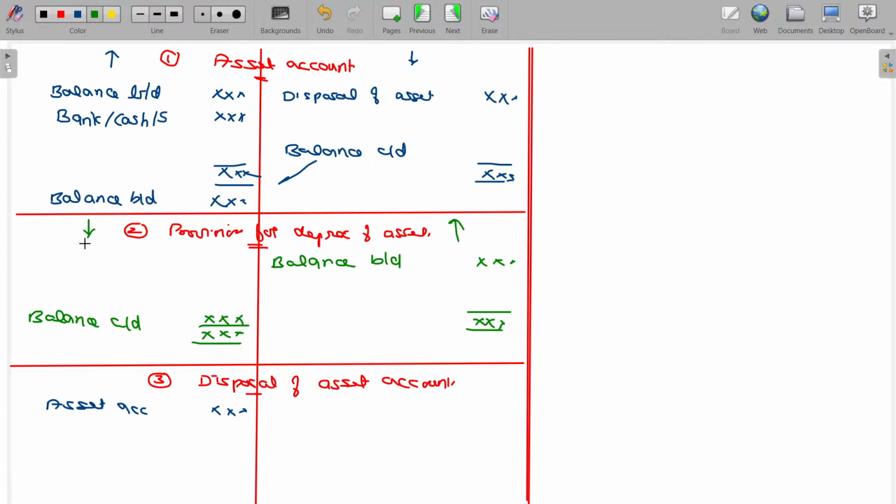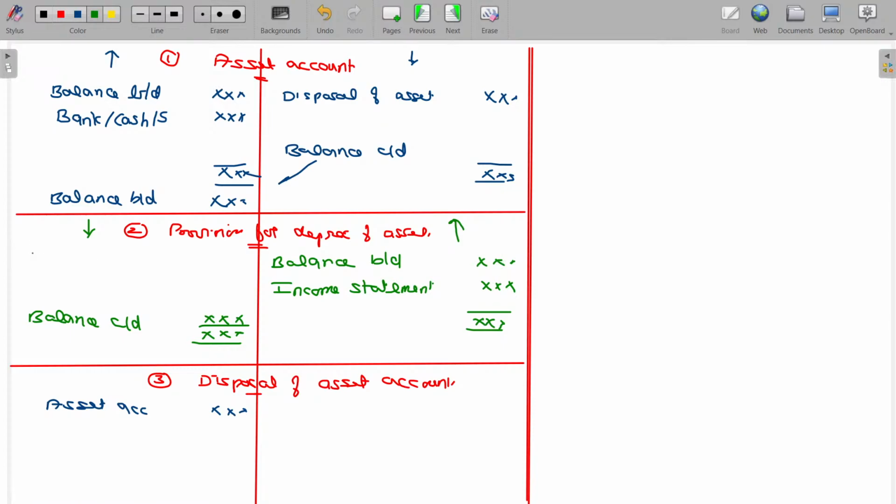When it is going to be increasing, every year you are adding the year's usage of the assets, named as depreciation here, posted here, usually named as income statement. This is nothing but depreciation for all the assets for the current year. If any asset is sold, the sold asset's depreciation since the date of purchase to the date of sale remaining in the provision for depreciation, no more required, is transferred to the disposal of asset account.